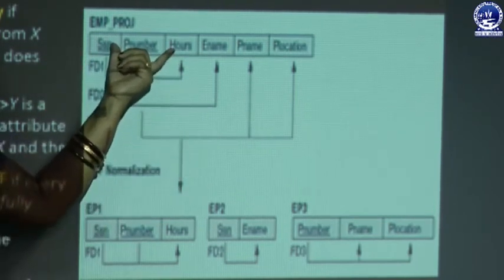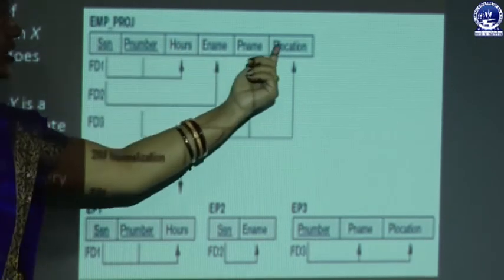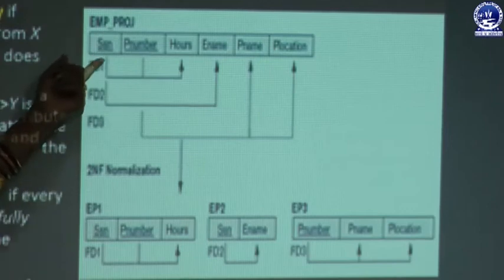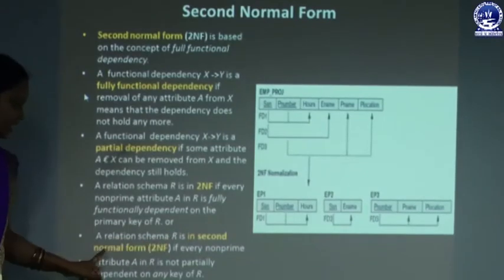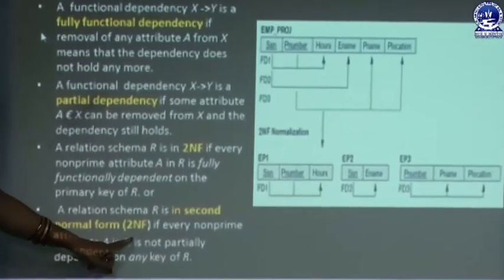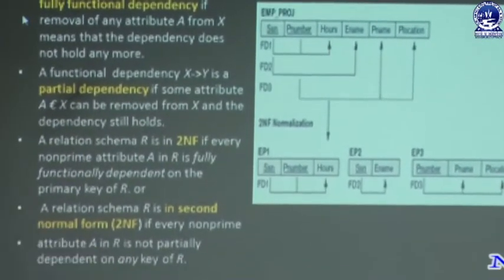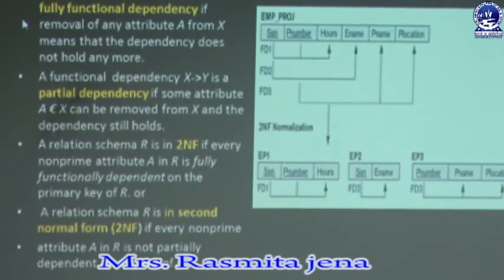So, this is the full functional dependency: SSN, pnumber and hour attribute, but these are the partial dependencies on the key attribute. The second normal form says that a relation schema is in second NF if it is in first NF, and a relation schema R is in second normal form if every non-prime attribute A in R does not partially depend upon any key of R, or every non-prime attribute fully functionally depends upon the key attribute.